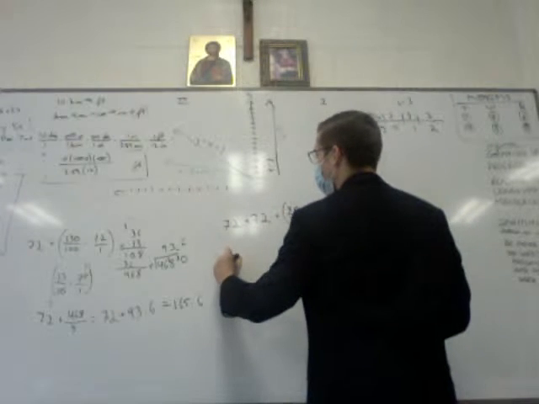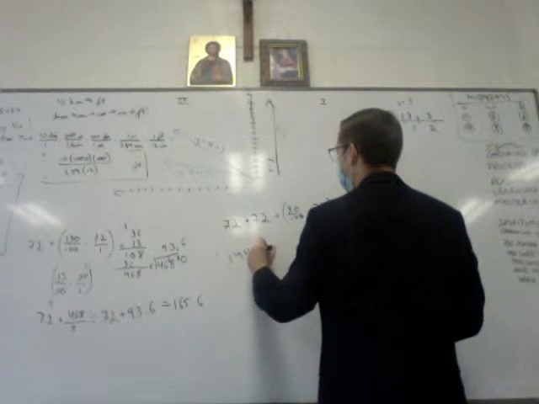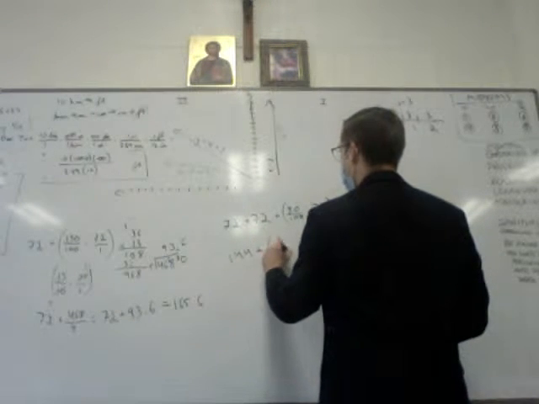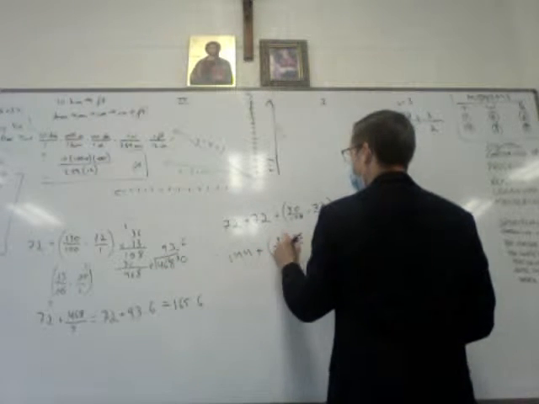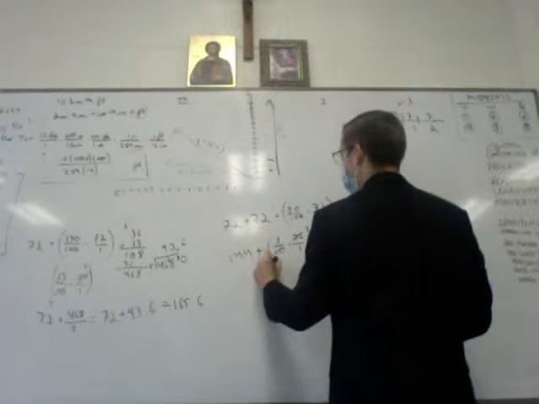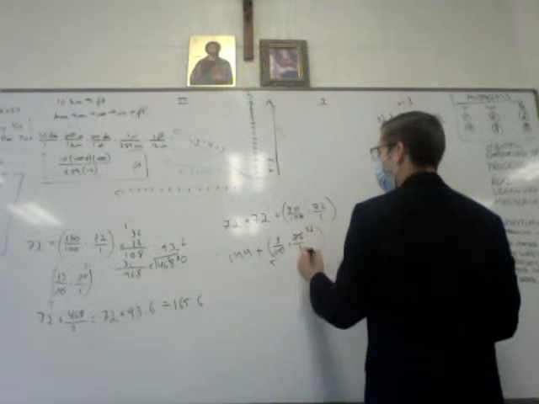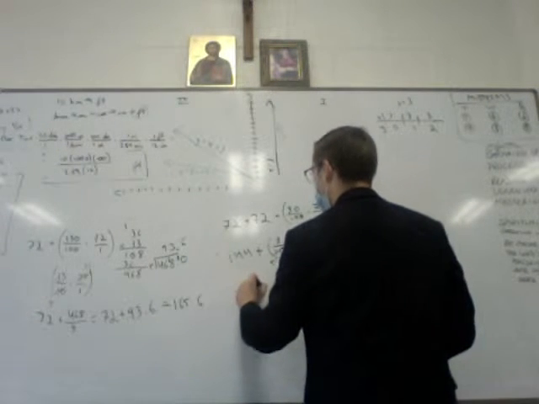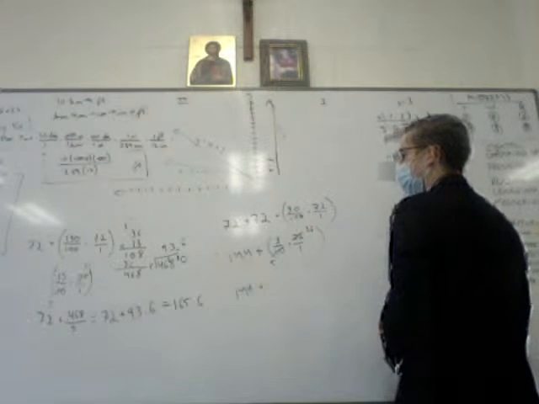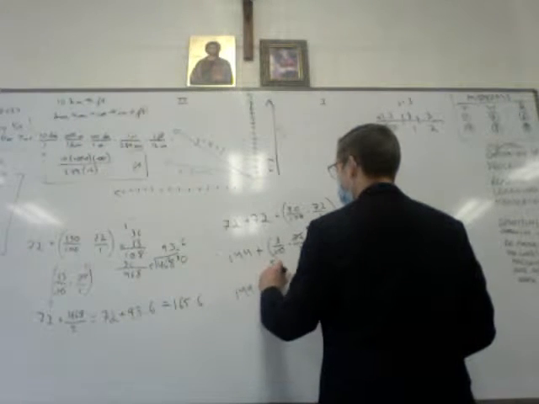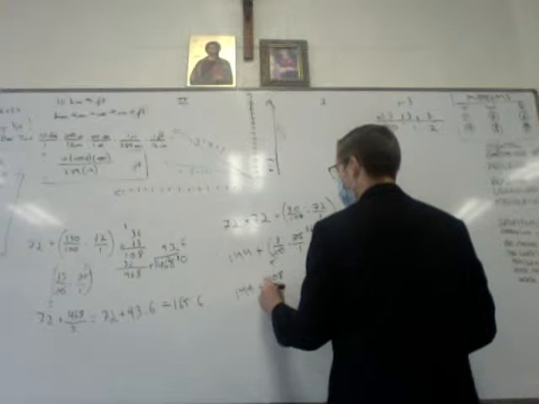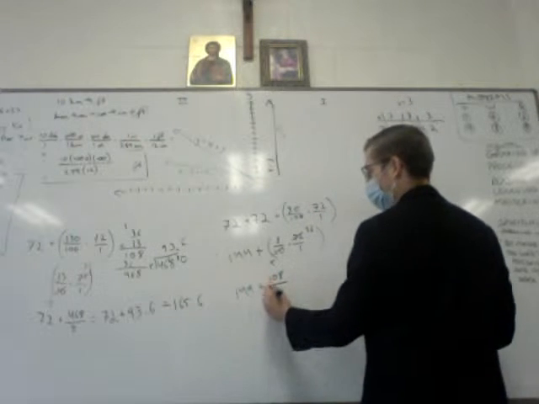So 72 plus 72 is 144, plus 3 over 10 times 72 over 1. 72 over 10 is 36 over 5, and 36 times 3 is what? 108 over 5.